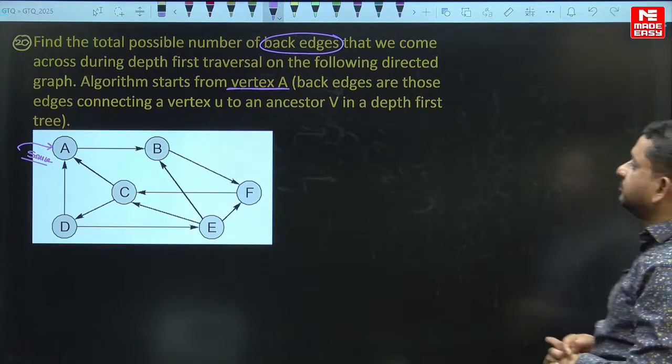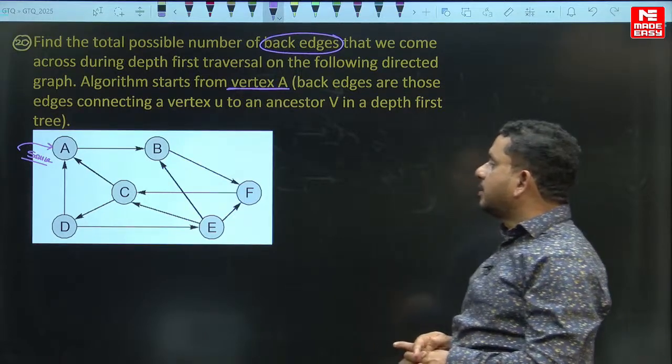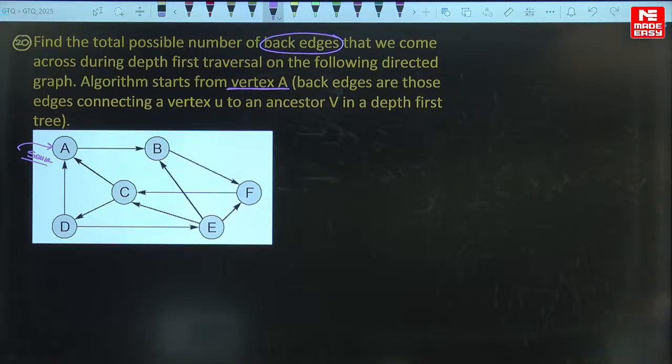Take the graph, and how many back edges?